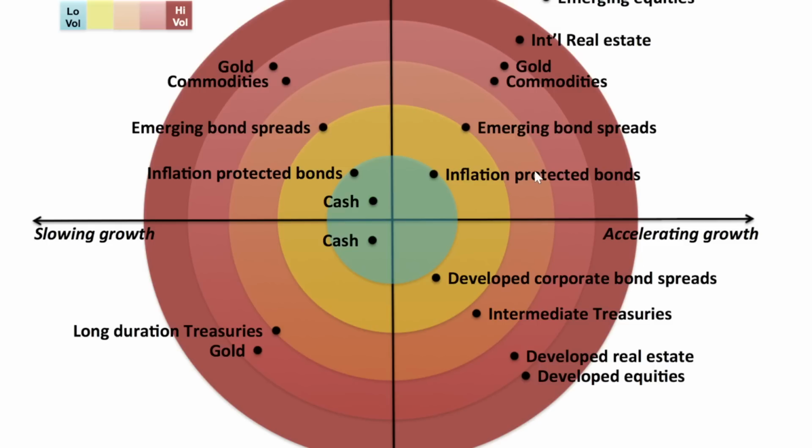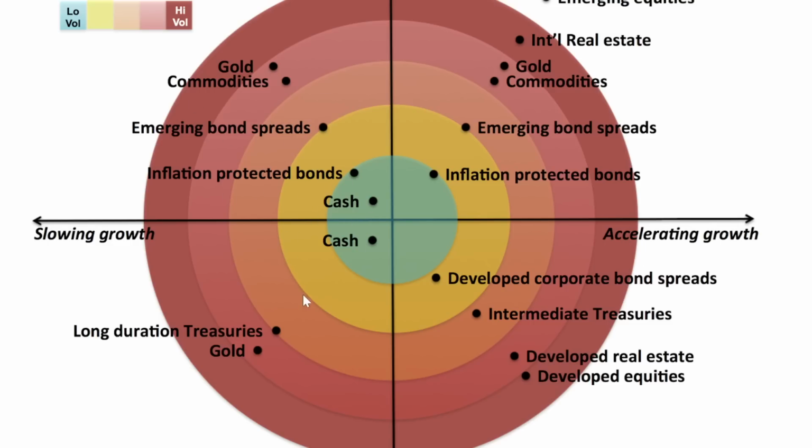As you go into an expansionary phase where inflation kicks up from that credit expansion, you want inflation protected bonds, emerging bond spreads, gold, commodities, international real estate, and emerging equities. As you go late cycle, that's going to turn into gold and commodities, emerging bond spreads, and inflation protected bonds and cash, because you're preparing for a potential crash.